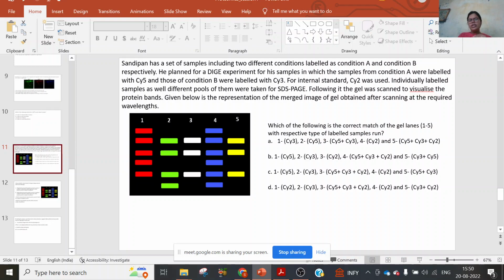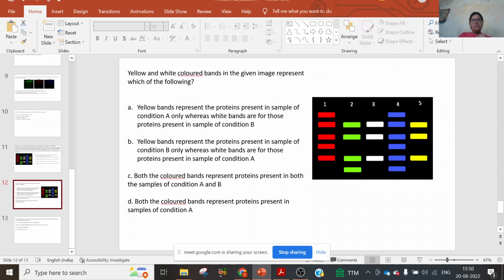Along with conditions A and B, you are using the internal standard Psi2, which is nothing but a pooled sample of your condition A and B samples. That is why option D is also incorrect. Your correct option is option C: both the colored bands represent proteins present in both the samples of condition A and B.